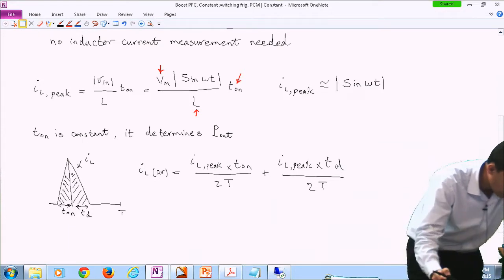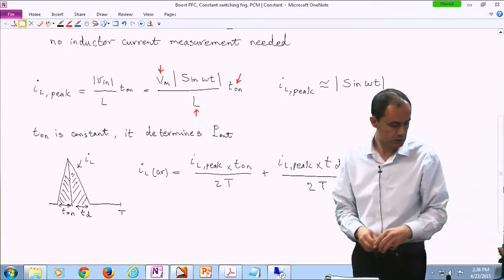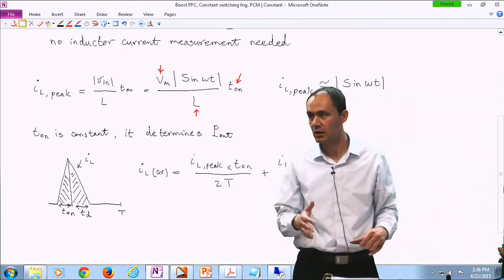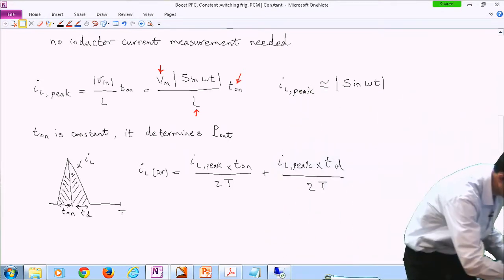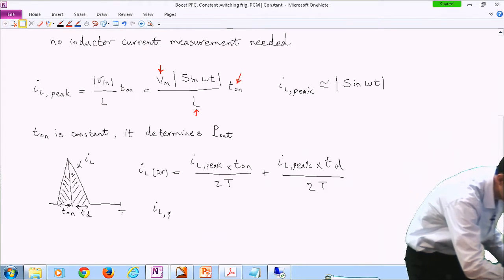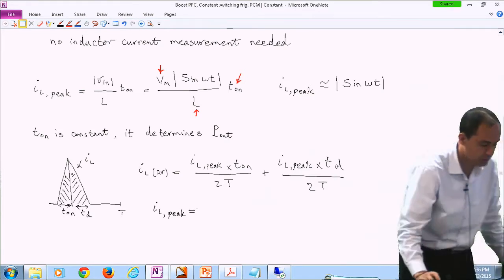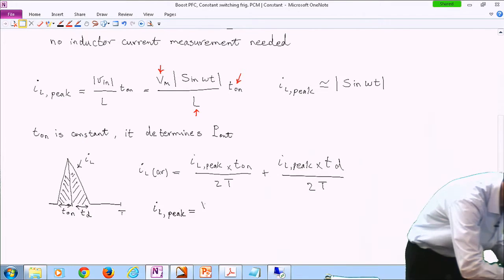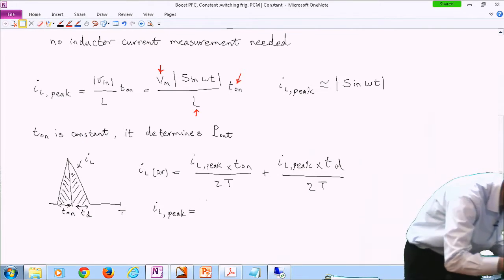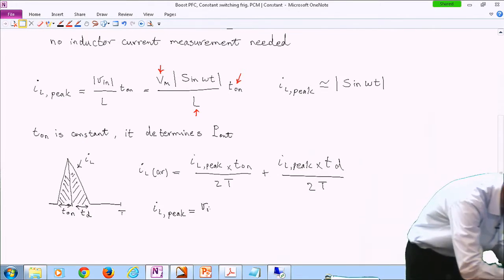So now I'm trying to eliminate T_D, the conduction time for the diode. So if you want to eliminate that, you can write it this way. The peak value of the inductor current is the input voltage over L times T on.